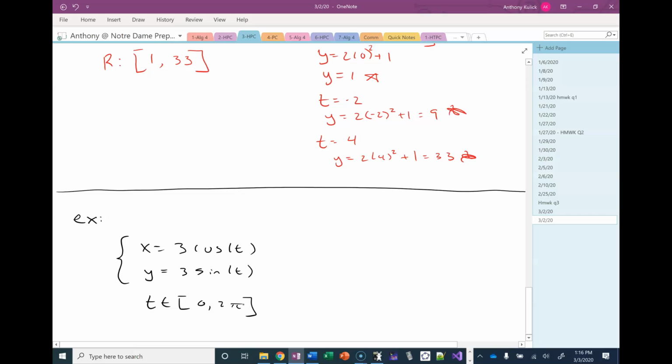So let's say we have the parametric function x equals 3 cosine t, y equals 3 sine t on the interval from 0 to 2 pi.